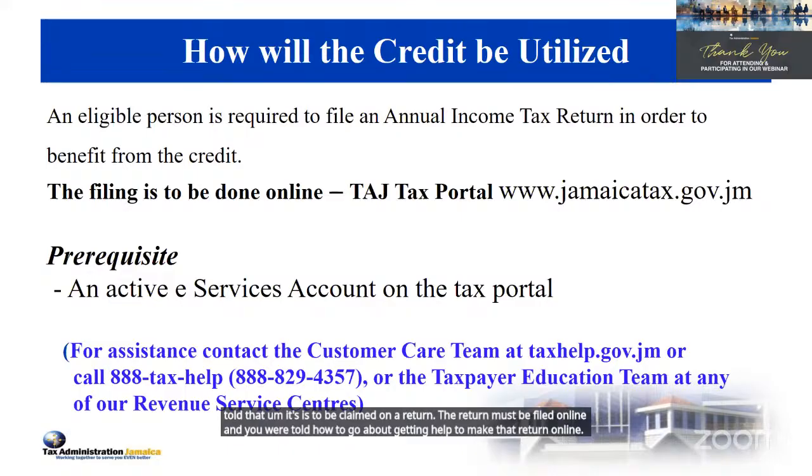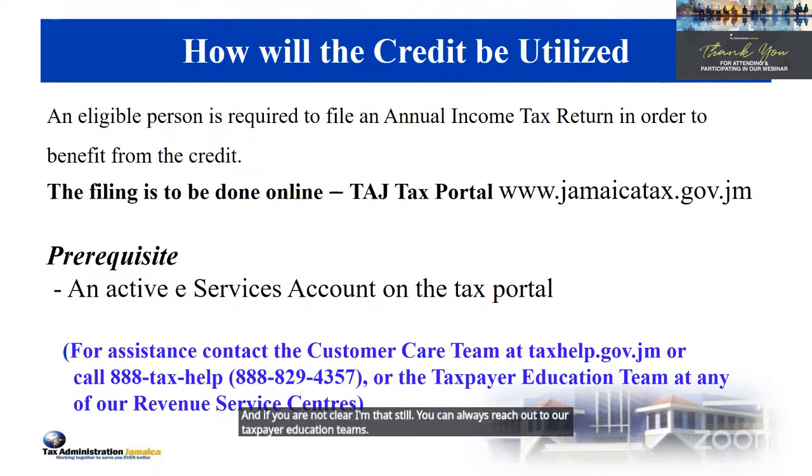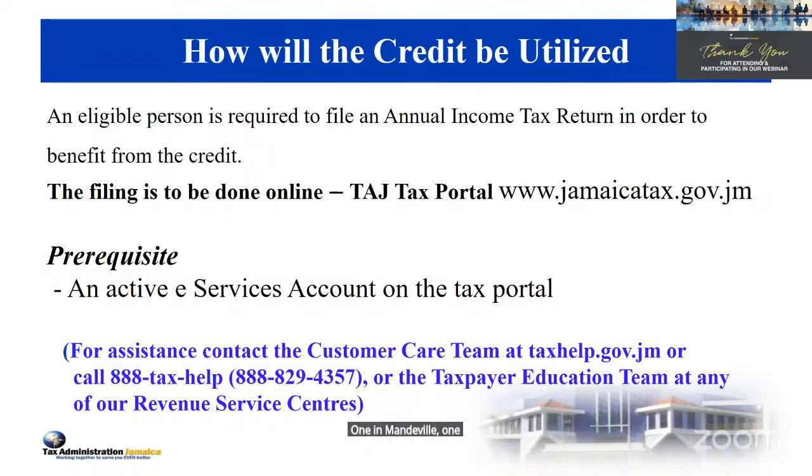And if you are not clear on that still, you can always reach out to our taxpayer education teams. We have one in Montego Bay, one in Mandeville, one in Kingston, and one in St. Andrew, right? Or you can reach out to our call center and you will be assisted.